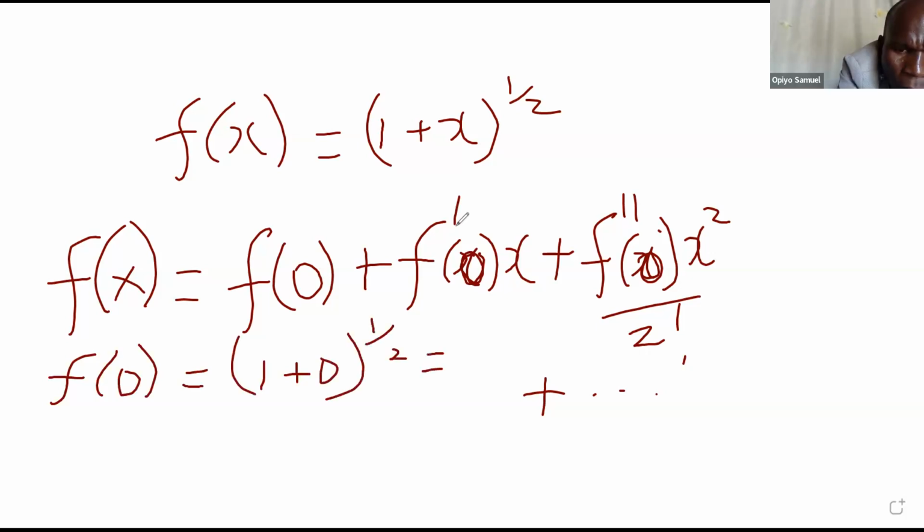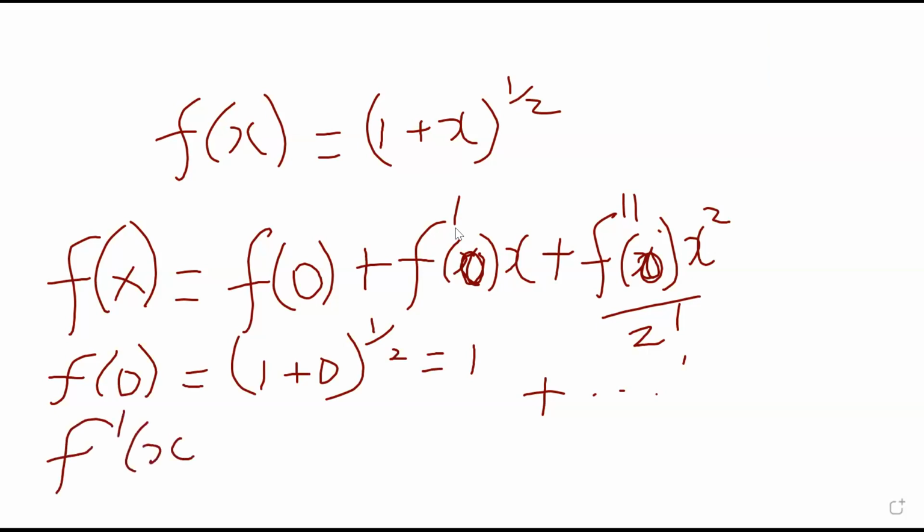What do we get? 1, right? See, we get 1. Then you now go and find the first derivative of the function.